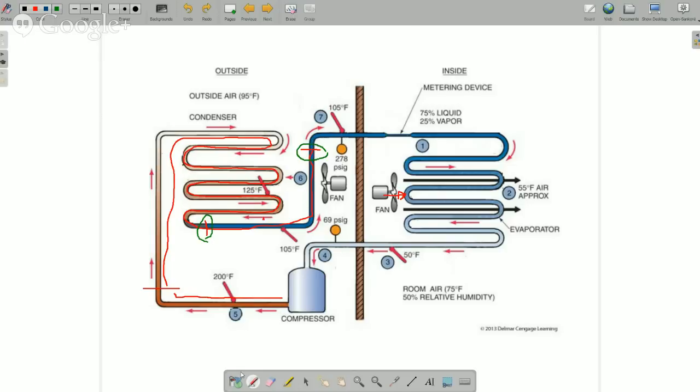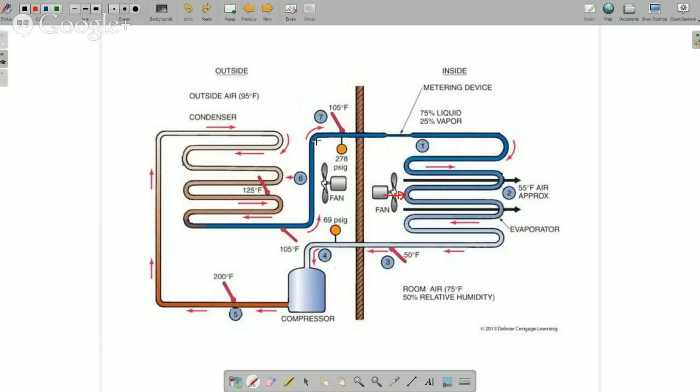So what you'll find, hold on, let's get rid of some of this here. Because it doesn't spend as much time as it should in the condenser and blows its way through there, it doesn't pick up a lot of subcooling.